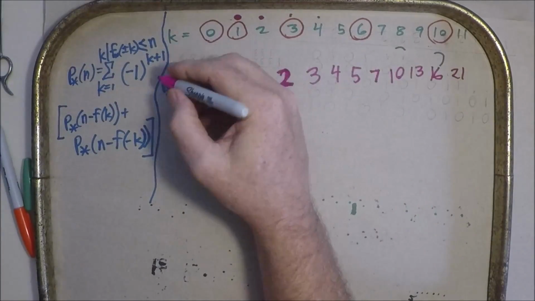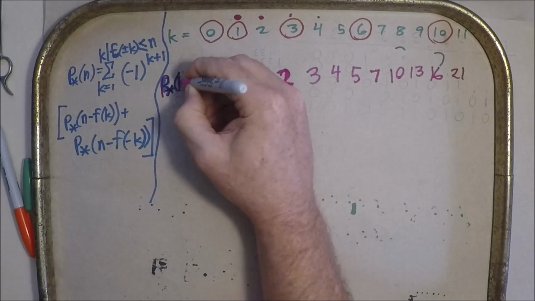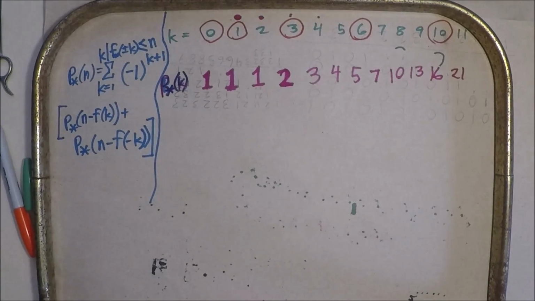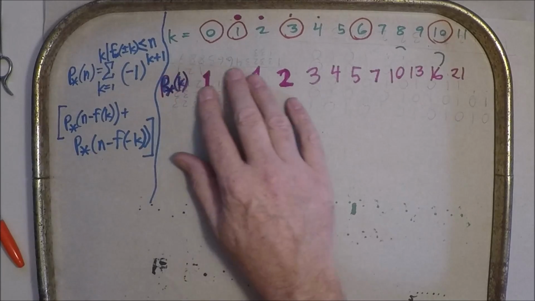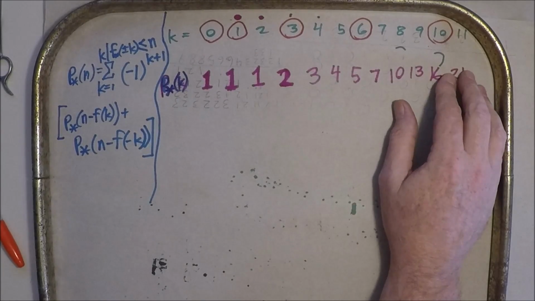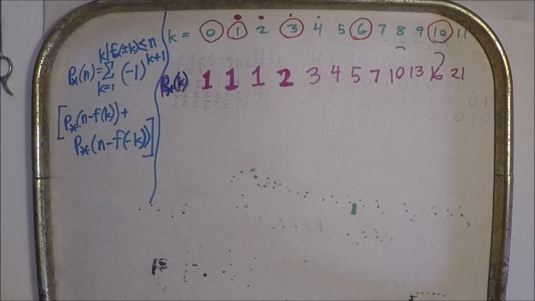Okay, so this is our P star of k, and now let's use this as the partition sequence in deriving the expression for sigma of n.